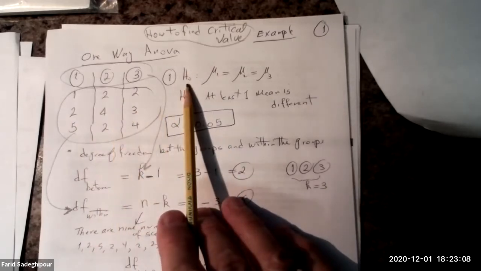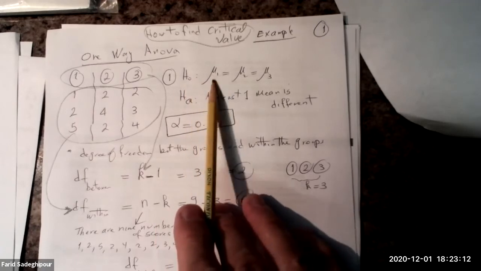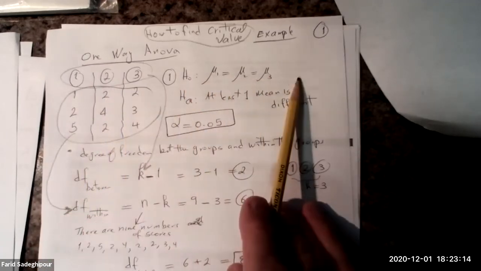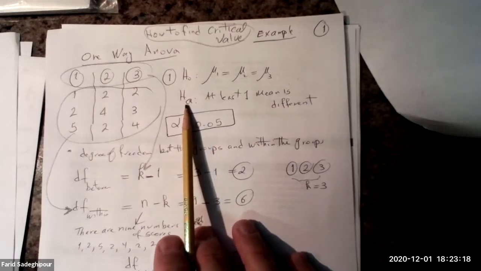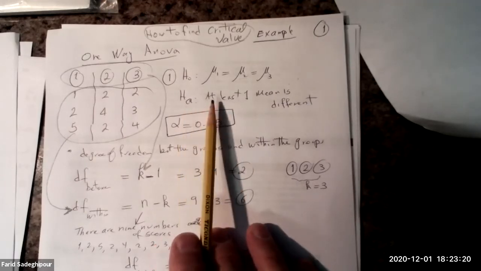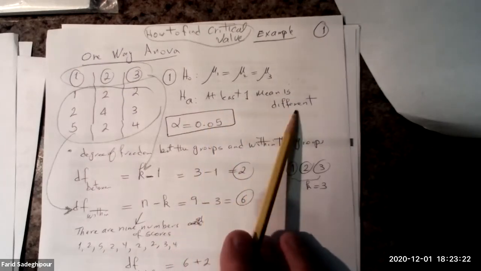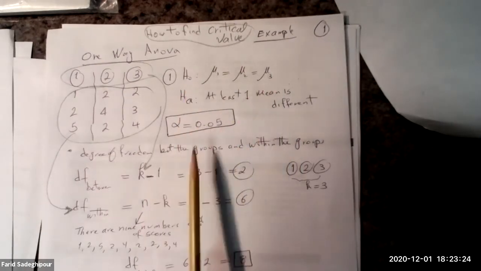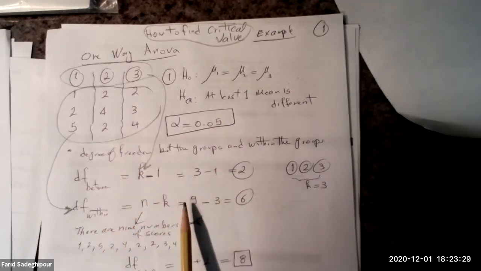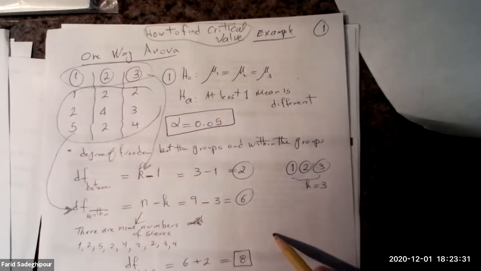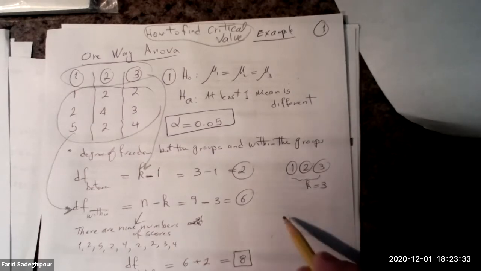So H0 is, we claim that all three populations have the same mean. And HA, which is the H1 or HA, the same thing. If we prove at least one of the means is different, then we could reject that. Alpha is that. Now, this is just to calculate the critical value that you have on the graph, on this one.